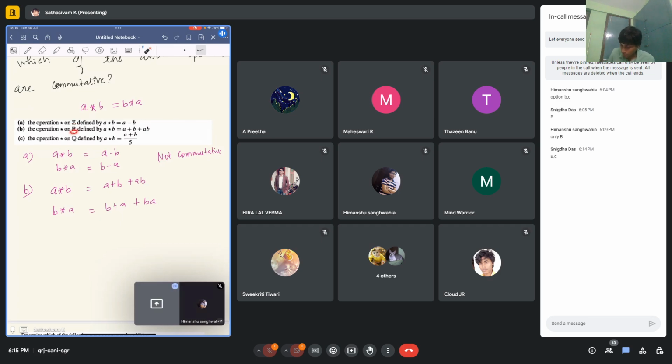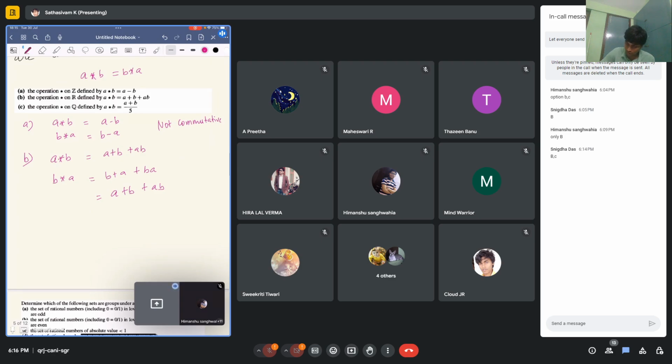The R elements are commutative. See here, this is B plus A and A plus B, but in R you can commute this A and B. Since addition is commutative in R, you can write like this. And multiplication is also commutative in real numbers, so you can write AB. In general, you cannot always write like that, but since you are working with real numbers where these elements are commutative, you can commute here. So this is commutative.